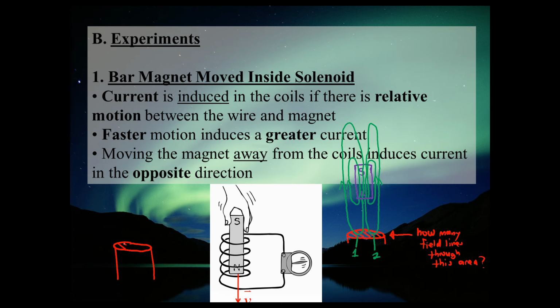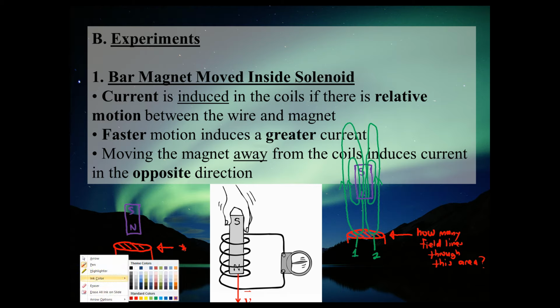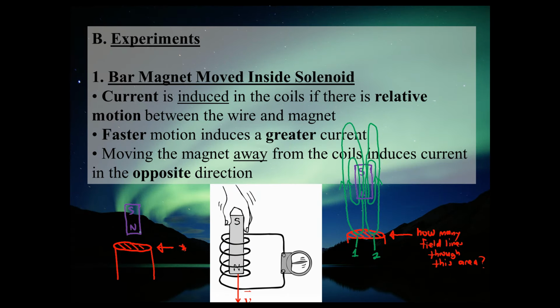So let's just draw it over here. Okay, so that's my solenoid. Here's the enclosed area that you're staring at. And let's bring the bar magnet so the pole's pretty much right on top of the solenoid. Okay, so the magnetic field lines would then be, let's do out of the north. I'm going to exaggerate this a bit.